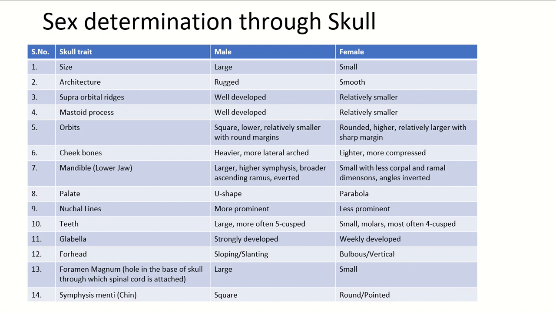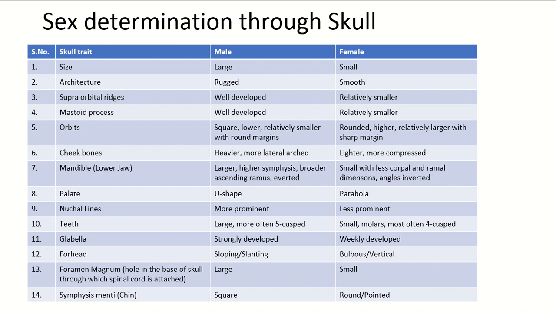The palate is inside the mouth where the upper teeth are located, and the shape is U-shaped in males and parabolic in females. Nuchal lines are more prominent in males than females. Teeth of males are large, molars more often 5-cusped, whereas female teeth are small, molars most often 4-cusped.